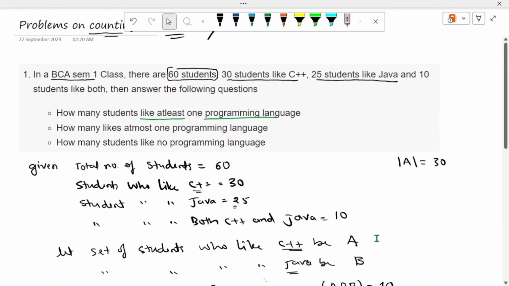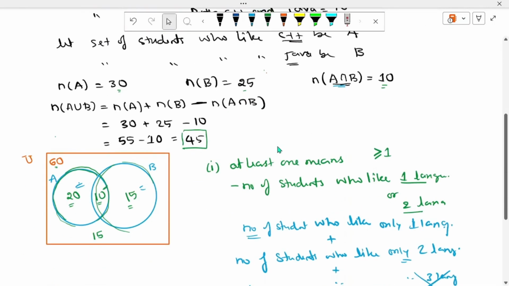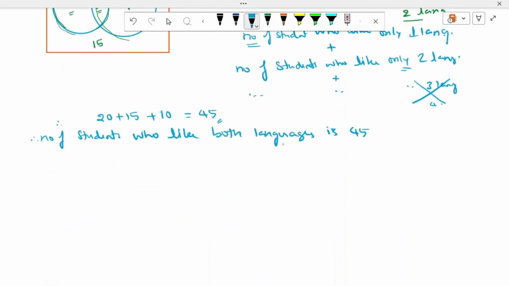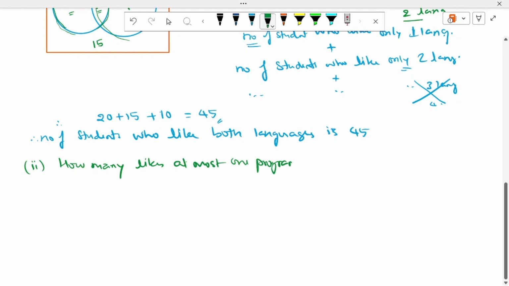Okay. Coming to the second question, how many students like at most one programming language? See, at most means less than or equal to 1.